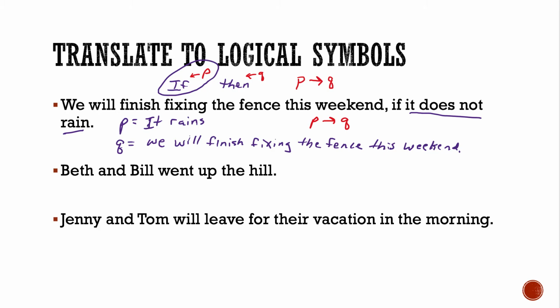We're going to add the negation symbol in front of the P. So now it's going to read, if it does not rain, then we will finish fixing the fence this weekend. Okay, so that one is a little more difficult. You may need to look at it again. All right, feel free to email and ask questions if you have a question about that one.